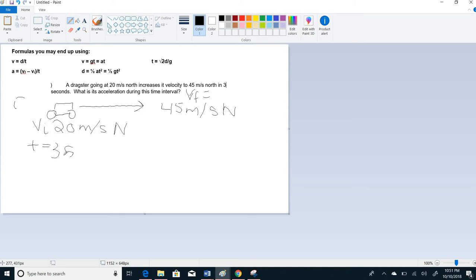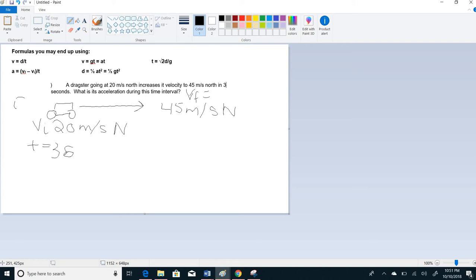So how do I know that I have initial and final velocity? Well, in the statement it says a dragster going at 20 meters per second north, so that would be the initial start of this problem, and then it increases, so it has a change. It's going through a form of acceleration, because acceleration is a change in velocity. So it's increasing its velocity to 45 meters per second north.